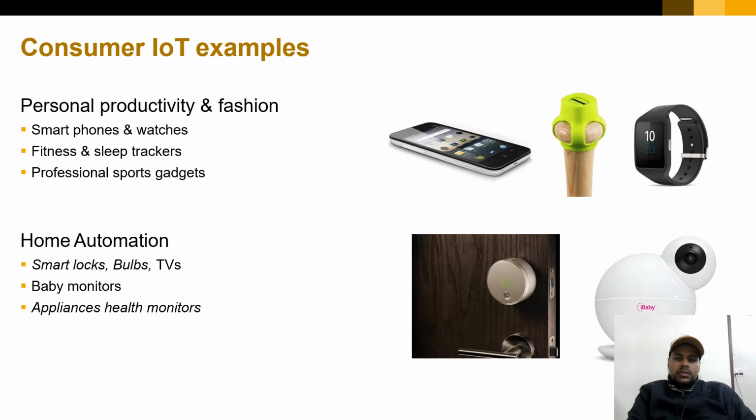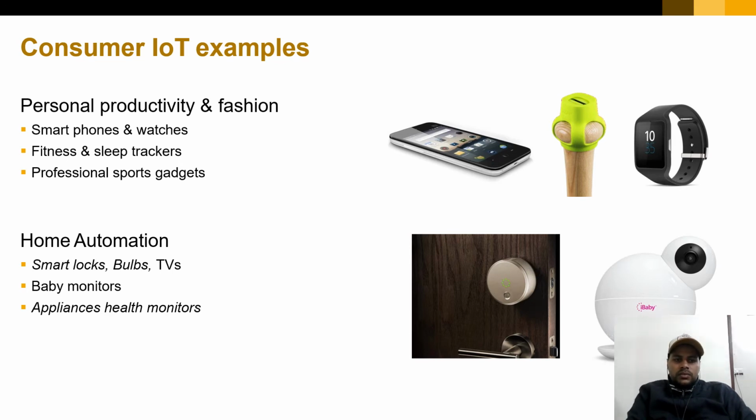Most common IoT devices are used for personal purposes and in the fashion industry, like you have seen smart watches, wearable bands, smart bands, tracking your real-time data of footsteps, your BP, your heartbeat, keeping track of all the body parameters.